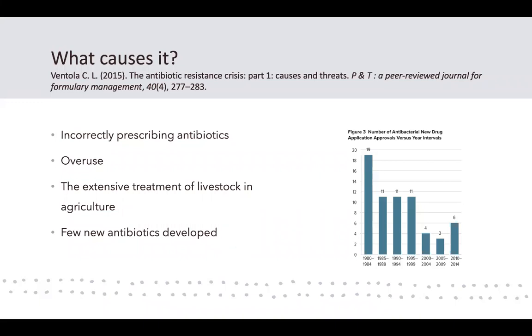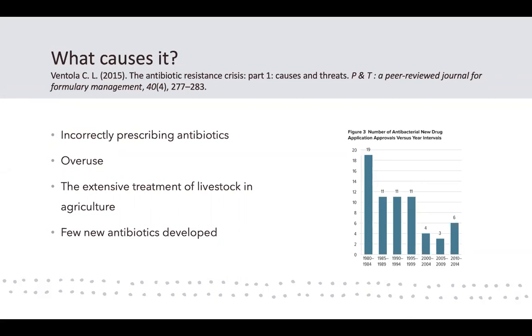Some things we might not think about are the extensive treatment of livestock in agriculture. This occurs when farmers give their livestock antibiotics extensively to prevent infection, which is really helpful for the livestock. However, whenever humans consume these animals, they're consuming a small amount of antibiotics, which contributes to the spread of antibiotics and the increase of antibiotic resistance.